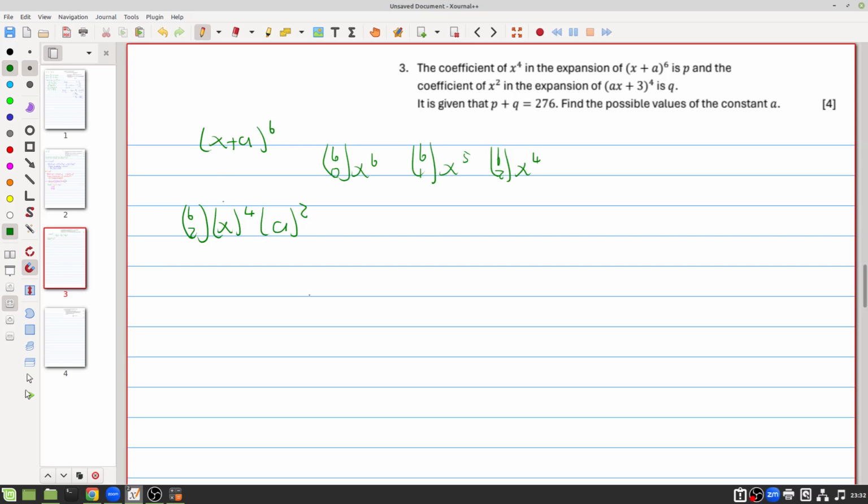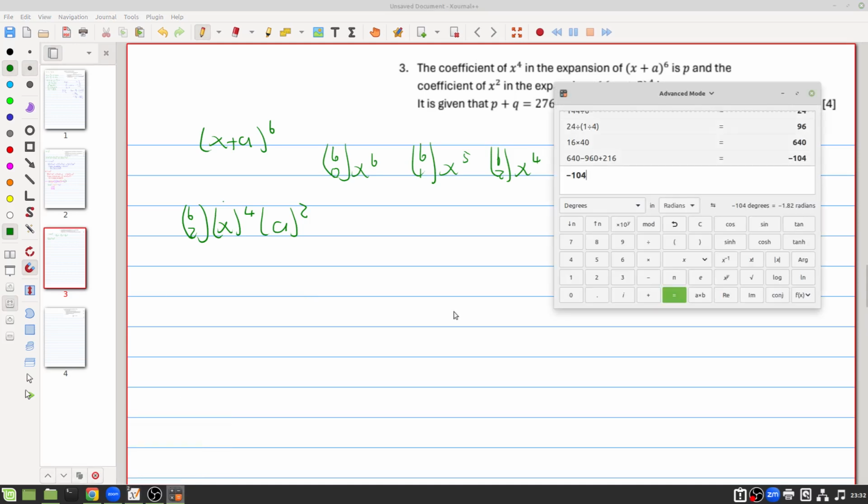Ooh, 6C2. What is that? Is that 15? Let me calculate that quickly. So that's going to be 6 factorial divided by 2 factorial times 6 minus 2, which is 4 factorial. That's 15, yes.